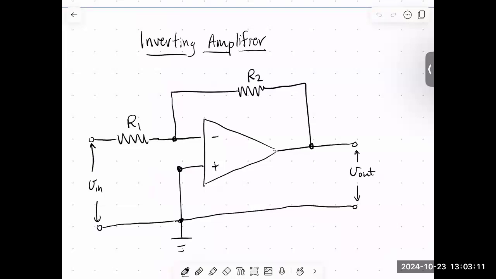If the inverting input voltage jumps up a little bit, the output is proportional to minus the inverting input times some gain. And so positive fluctuations at the output get fed back and the inverting input pulls that output back down. So negative feedback tends to stabilize the output, and that's why we're using it.